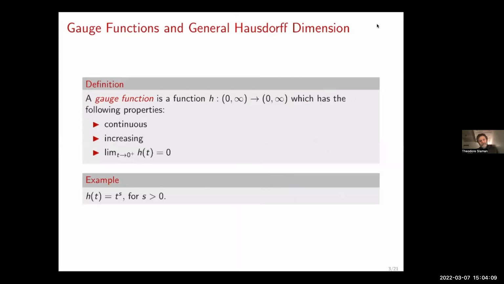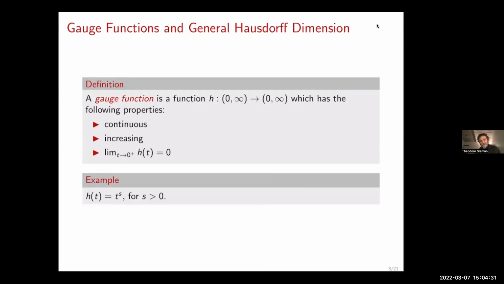A gauge function is a function from the positive real numbers to the positive real numbers, which has the following properties. It's a continuous function, it's increasing, and the limit as t goes to 0 from the right of h is equal to 0.